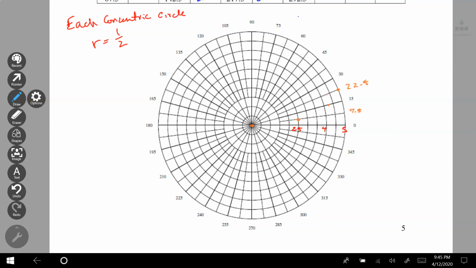And then 30 degrees is 4.3. And then 37.5 degrees, which is right here, is 2.5. And then 45 degrees is back at 0. You can kind of see one petal being formed right here. I'm going to pause the video and do the rest of the petals.